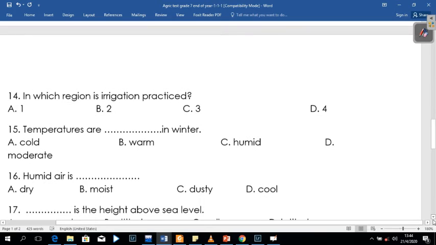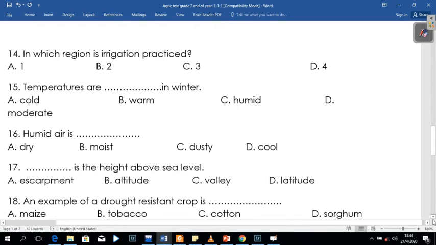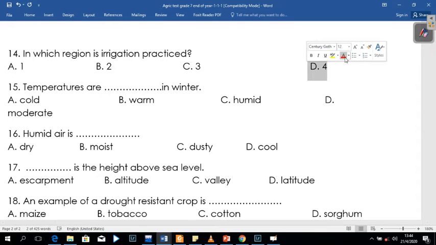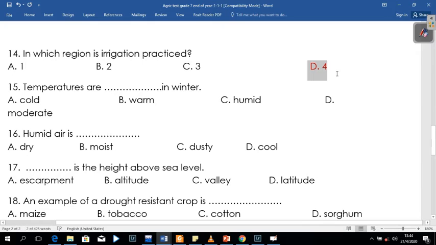In which region is irrigation practiced? You should know what irrigation is for you to answer this question, right? And obviously that will be region 4, right?